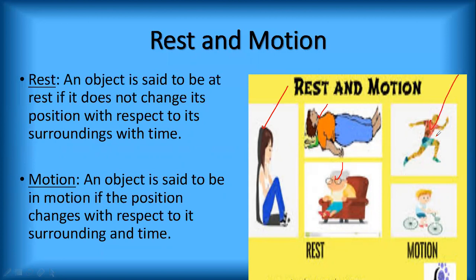It will be in state of motion. This one is cycling, so it will also be in state of motion because the observation about these two bodies is that they change their position with respect to their surrounding. So if you change your position, you will be supposed to be in state of motion. If you do not change your position, you will be supposed to be in state of rest.